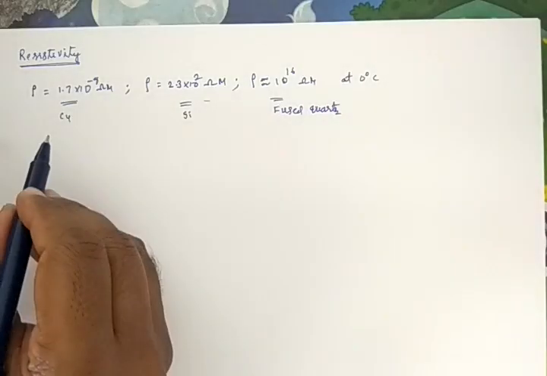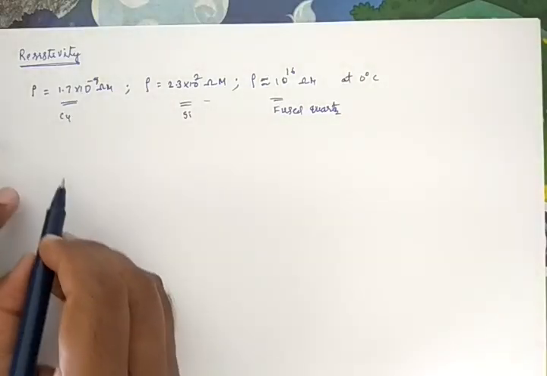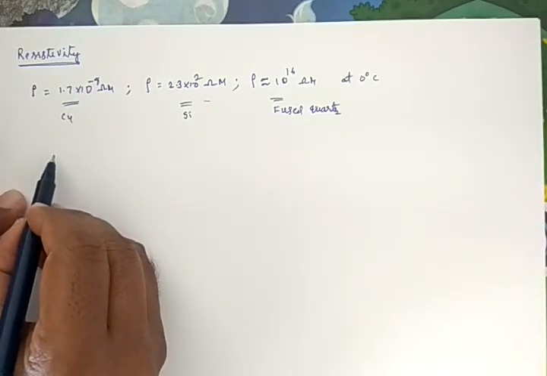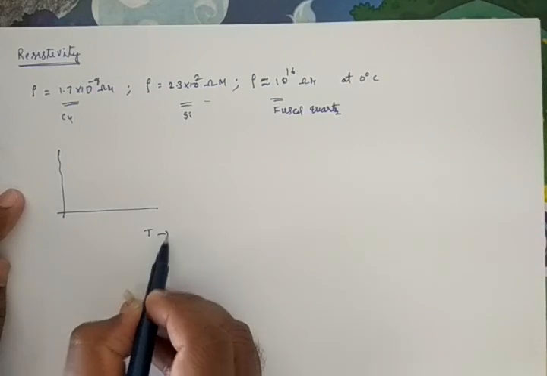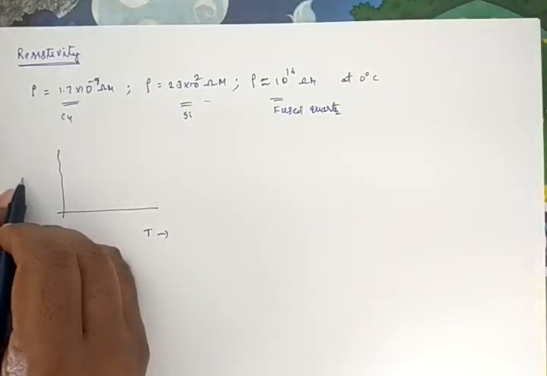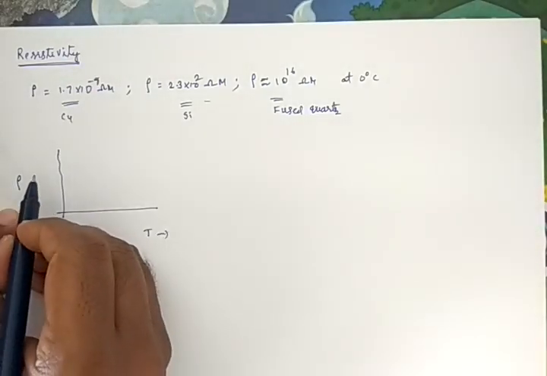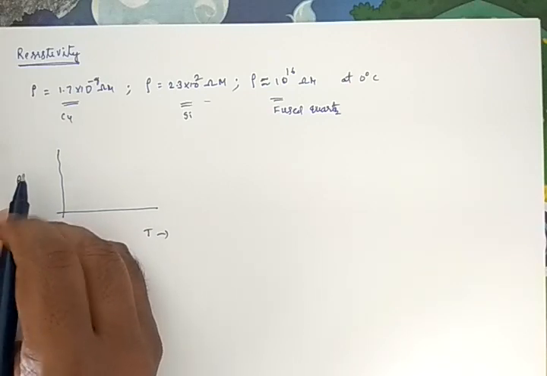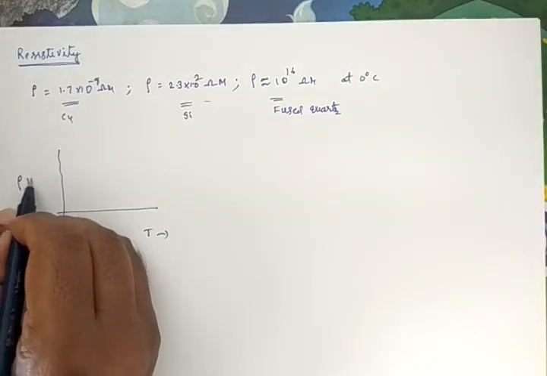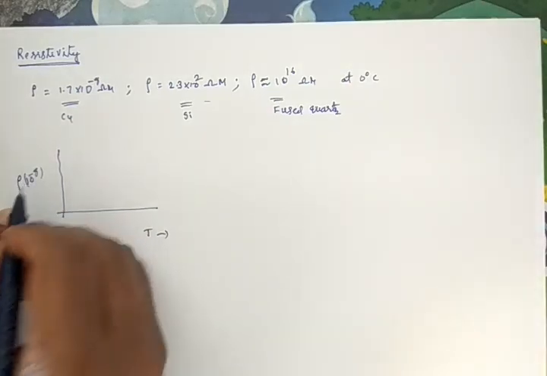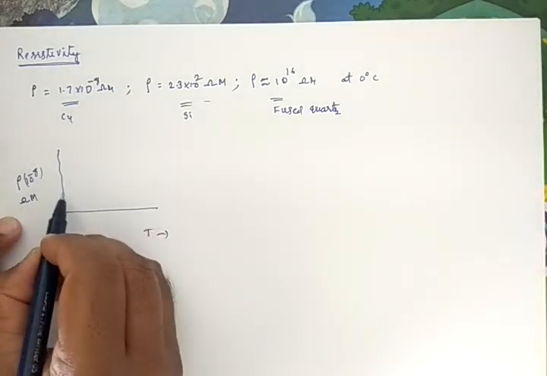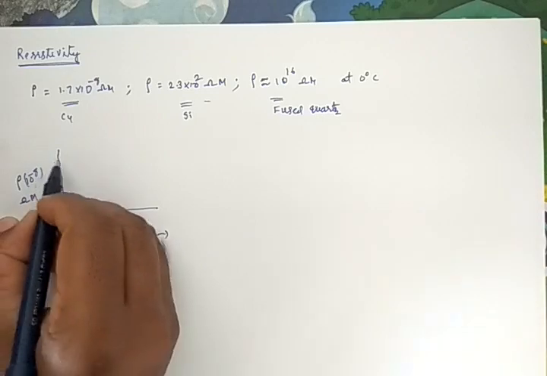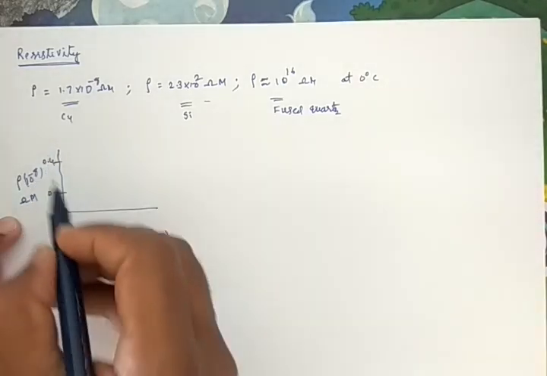Now I am drawing the graph for that. Here I am taking temperature, and here I am taking resistivity. This is a conductor, so the order will be 10 to the power minus 8, and the unit will be ohm meter. Here 0.2, and there 0.4.